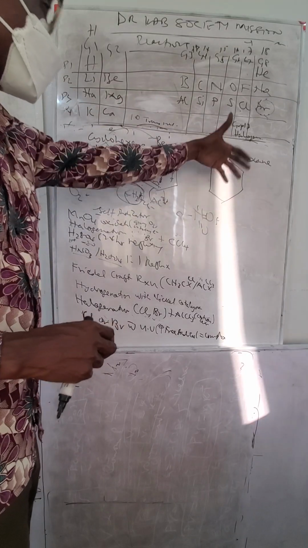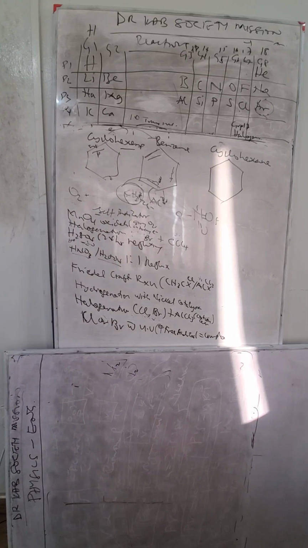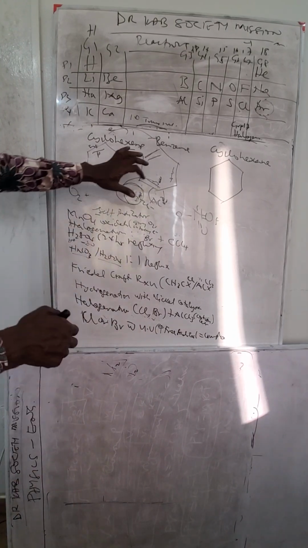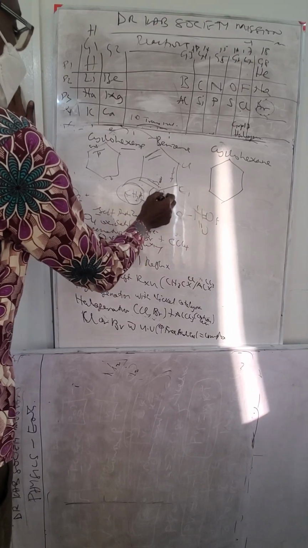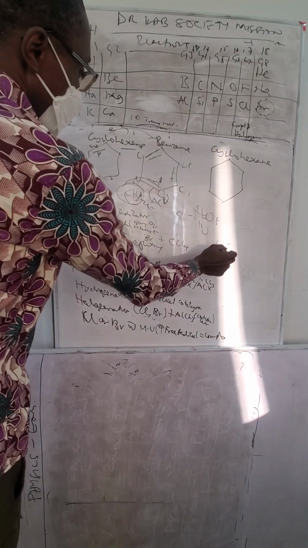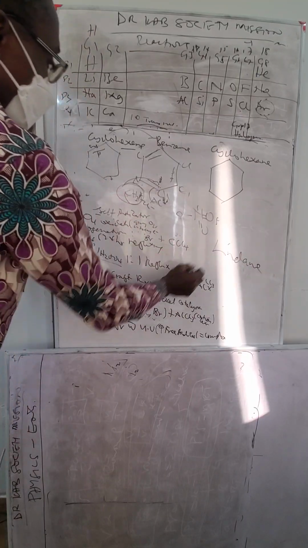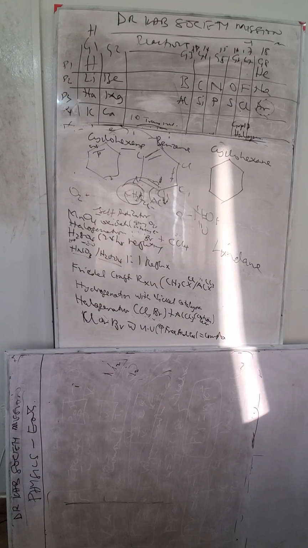And then this will also have some addition of bromine or chlorine atoms. So in this process, benzene hexachloride will be formed, with six chlorines, called lindane. It's an insecticide, okay? Can be formed.